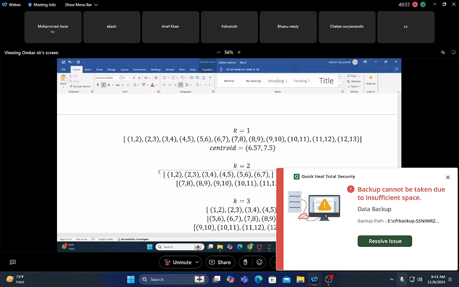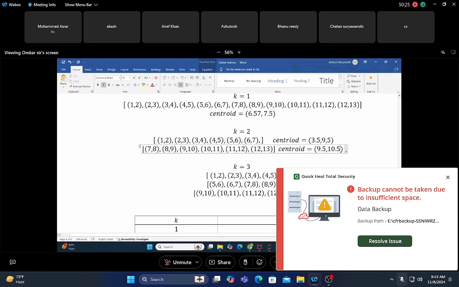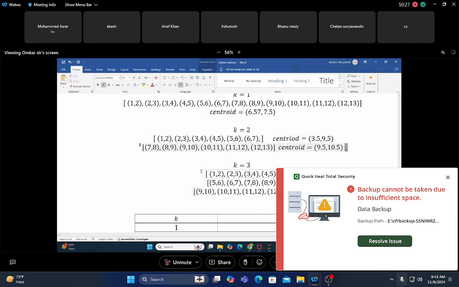Correct, 3.5 comma 9. Correct. Mrutyunjaya, centroid for this. 9.5 comma 10.5, correct. Now Shruti, what is the centroid for this one?